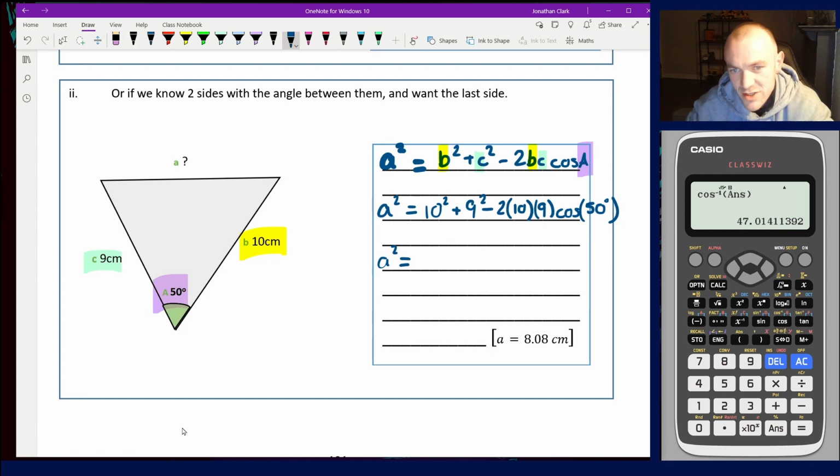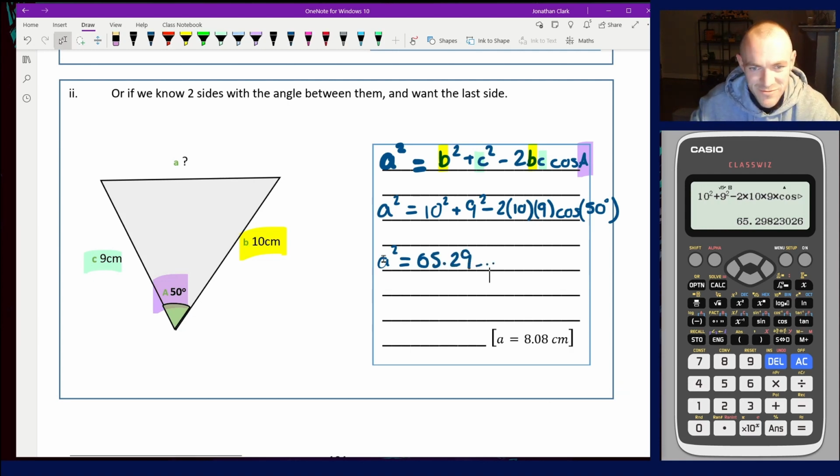Right, lots of numbers going on the right hand side, so let's tidy all this up, see what we get. 10 squared plus 9 squared, take away 2 times 10 times 9 times cos of 50. Get a reasonably big answer, 65.29.